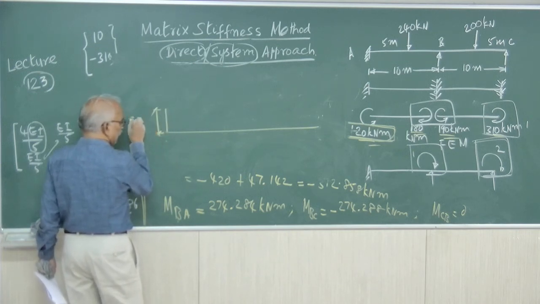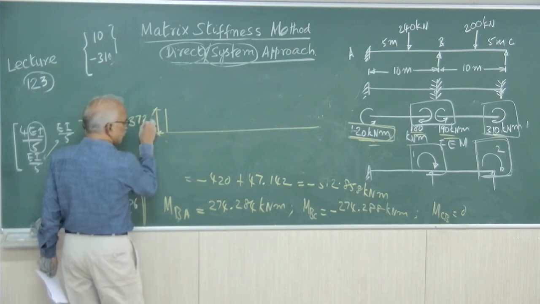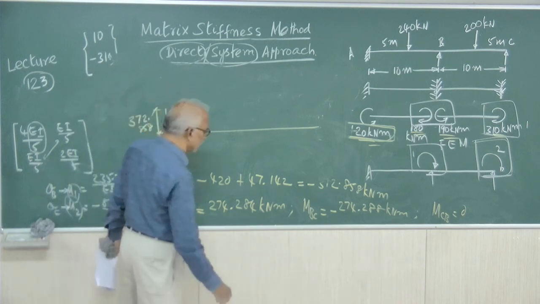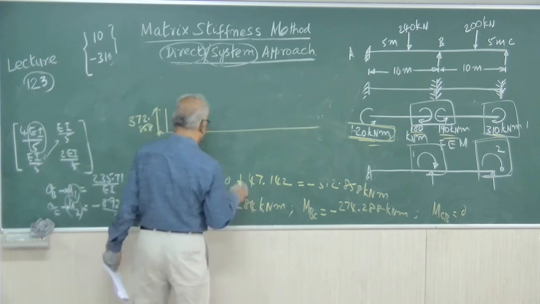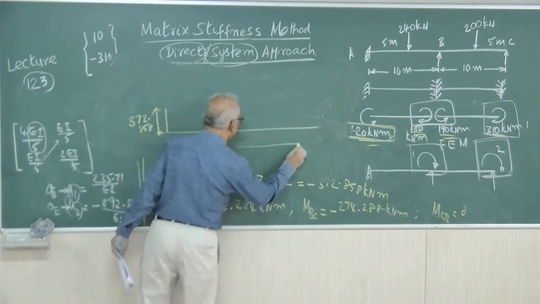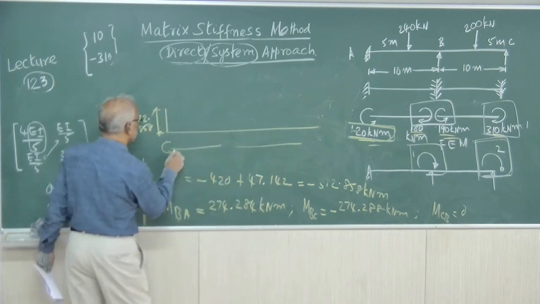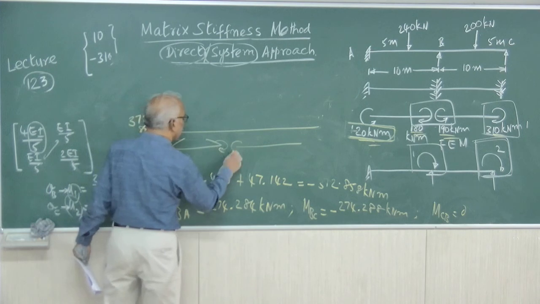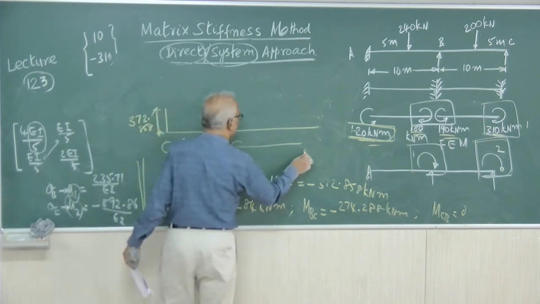So you know how to draw the bending moment diagram. So that again we will skip. 372.858, and the second value is 274, and here it is minus, tension at the top, and here it is plus. Here it is minus, and here it is 0.